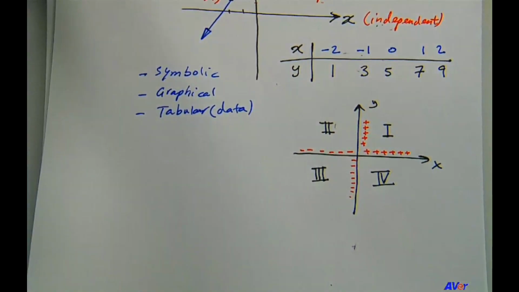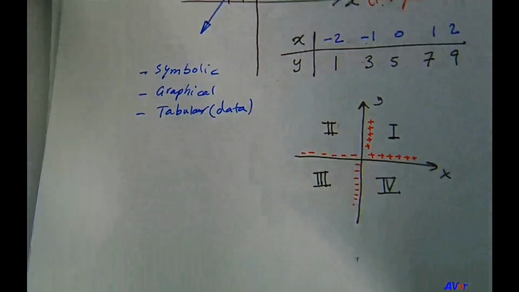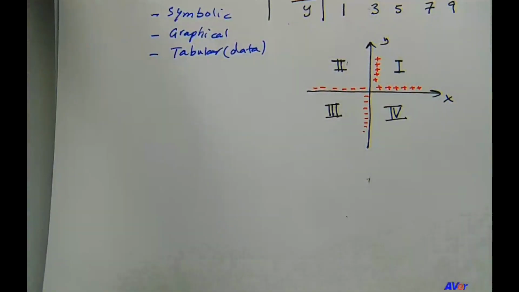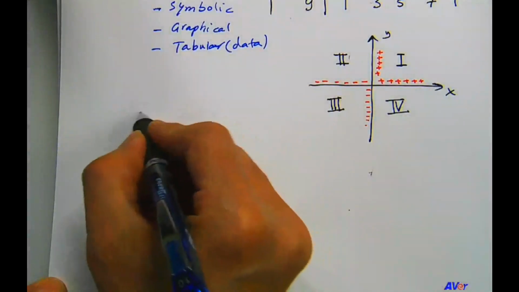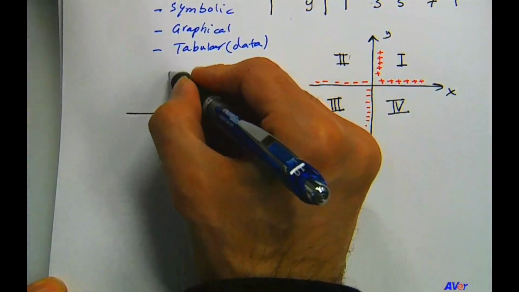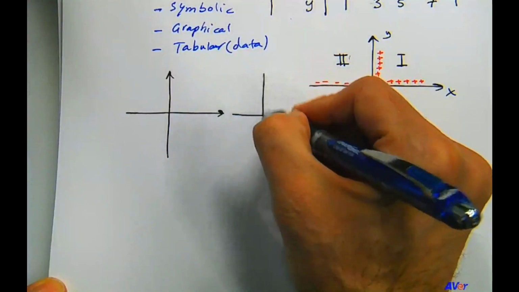So the other thing that we should know is that whenever you have a line that goes through this axis, let's draw a couple of them here, and another one here.